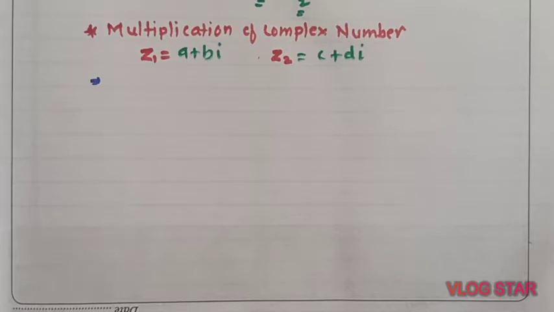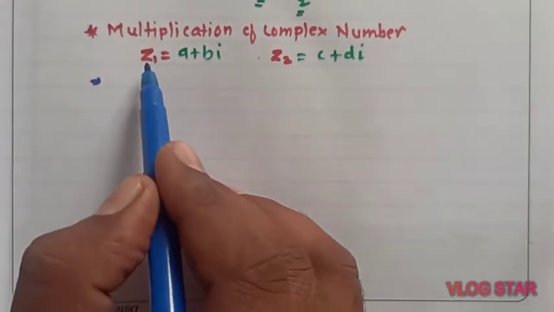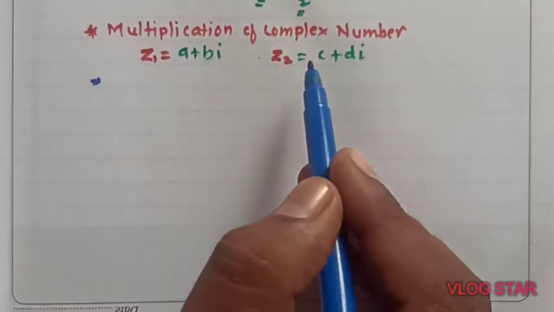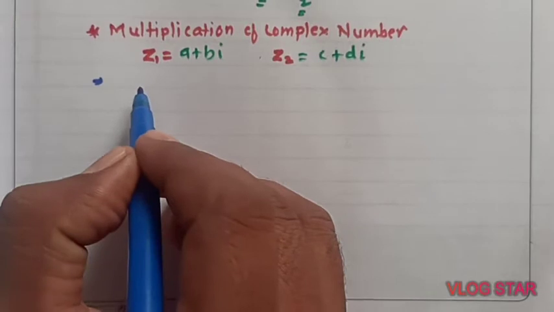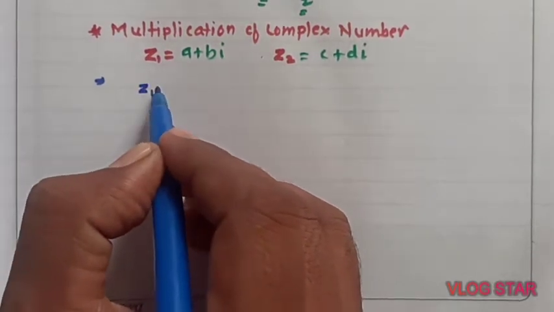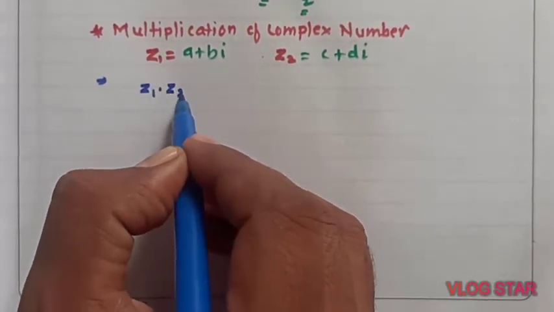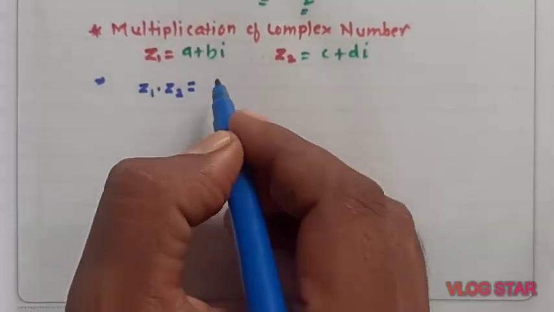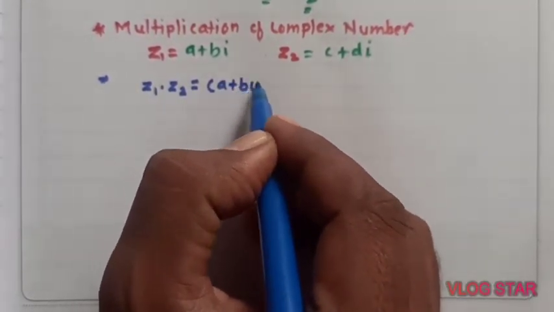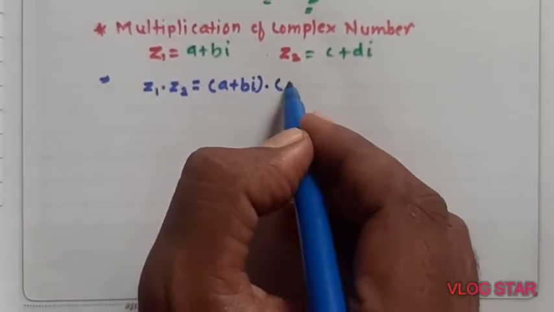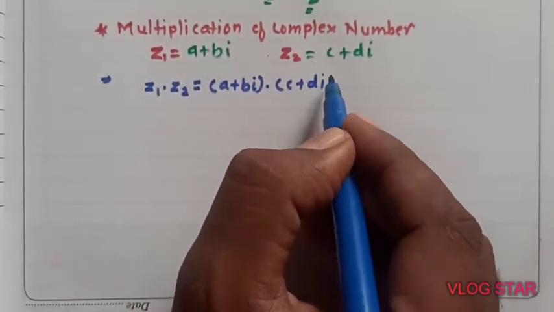Now we will discuss multiplication of two given complex numbers. Suppose we have the first complex number z1 as a plus bi and z2 as c plus di as usual. How will you take the product of these two? z1 dot z2 means the product of z1 and z2. As in algebra, a plus bi into c plus di.